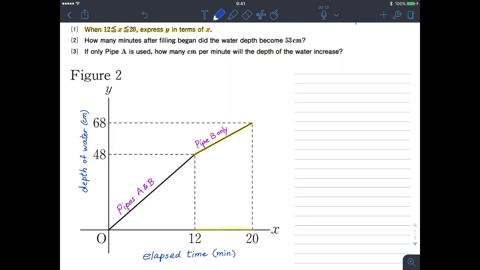Notice that this is between the points (12, 48) and (20, 68). And since this is a straight line, we know that it's a linear expression. And the general form of a linear expression is y equals ax plus b.